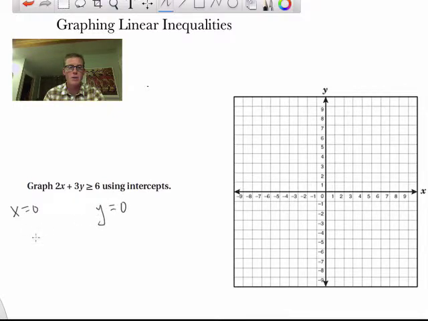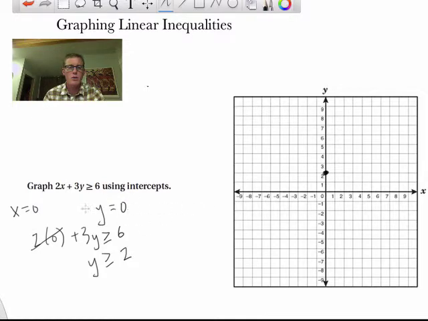So that means I'm going to say 2 times 0 plus 3y is greater than or equal to 6. Well, that goes away, so I know that y is going to be greater than or equal to 2. Well, let's make our point over here, y equals 2. All right, there's the first one.